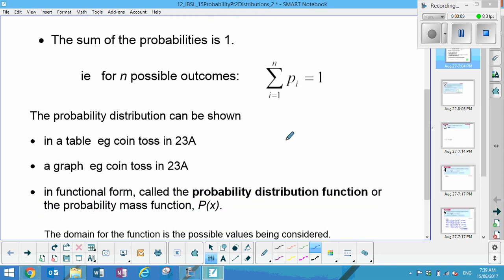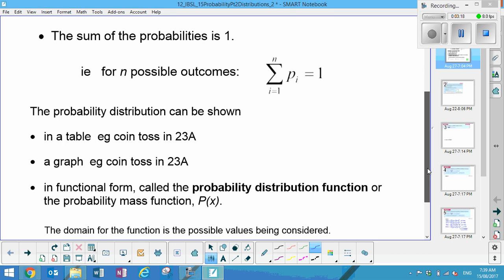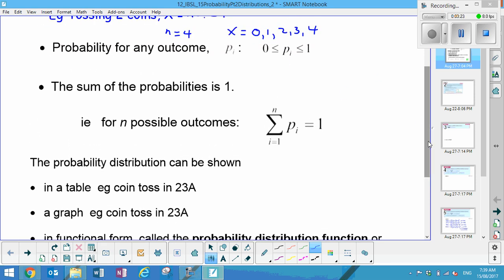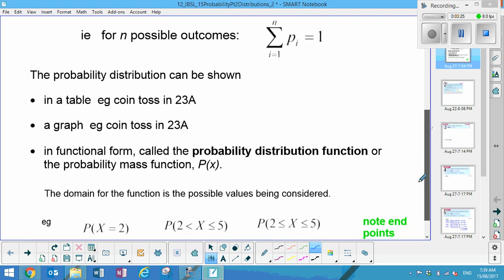All right, so our probability distribution can be shown in a table, like tossing our coin we did in 23A, or a graph. We can also talk about this functional form. So just like we've talked about our input of our different x's, our different terms, we have a probability distribution function, and that's often abbreviated to PDF, which is not the same as our PDF file for documents, which is a portable document file, I think.